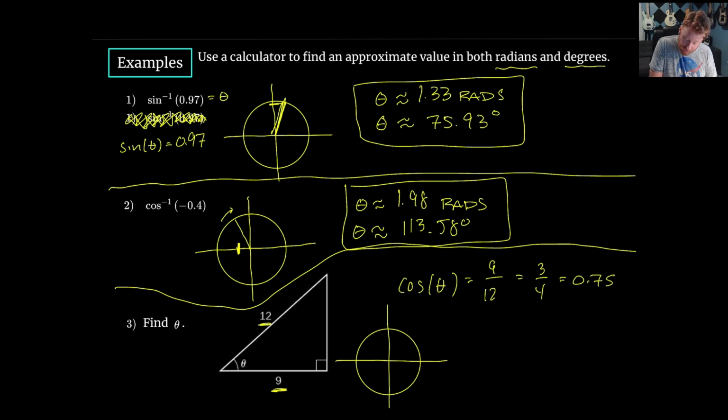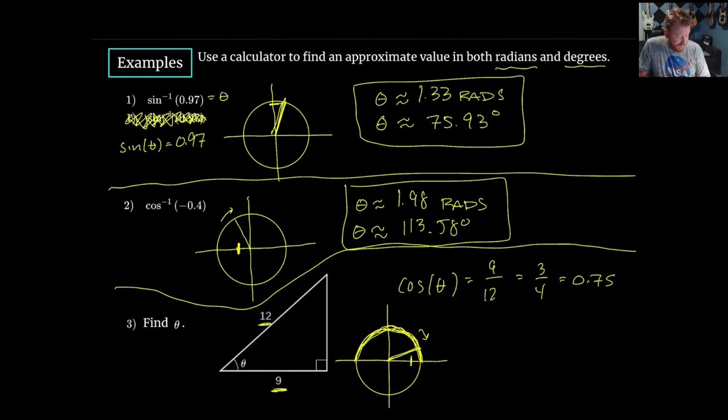So I'll draw a unit circle. I'm looking for where the cosine is about 0.75, which is about here. Remember that for cosine, we're restricted to the top portion of the unit circle, going from 0 to pi. And so we're looking at an angle out here, and I know that the square root of 2 over 2 is 0.7, so this is a little bit farther that way.